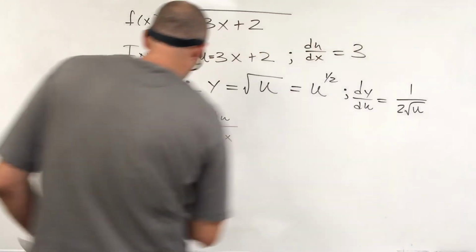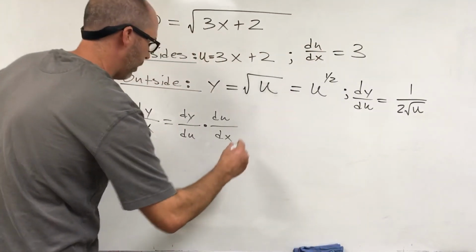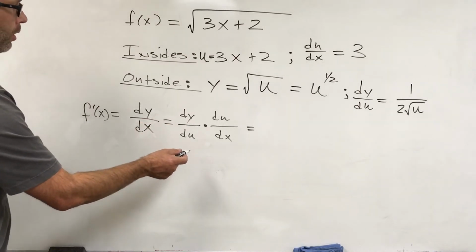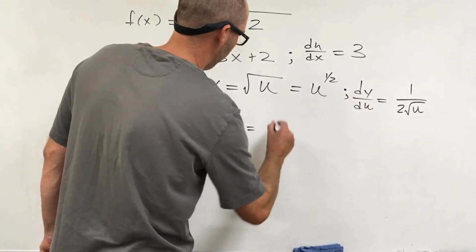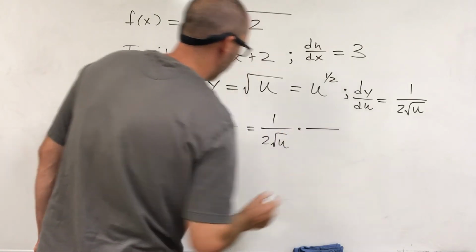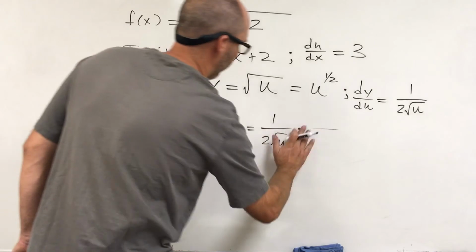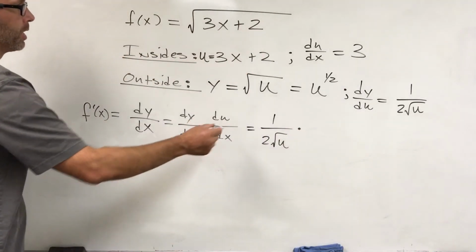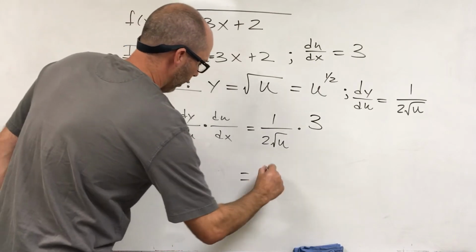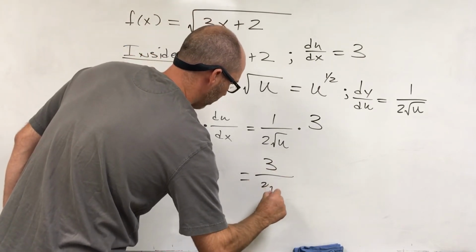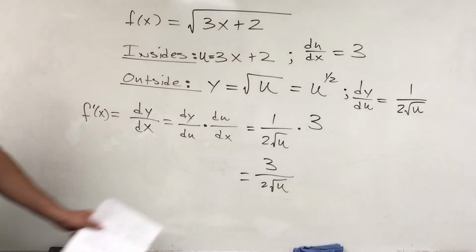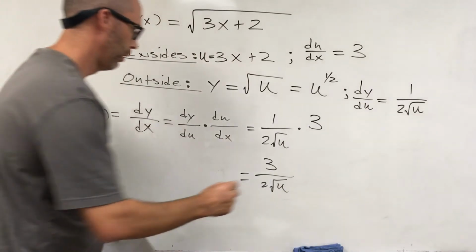All right, let's put all of our stuff in there now. So dy du, we found that right there, dy du, 1 over 2 root u. du dx is a 3. That's 3 over 2 root u. Now what's u? u is 3x plus 2.